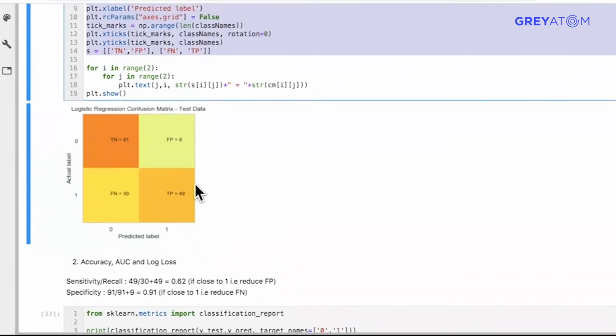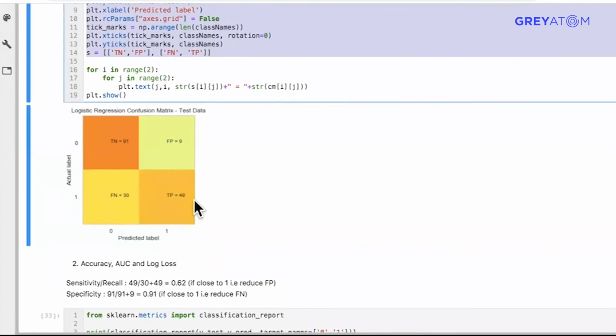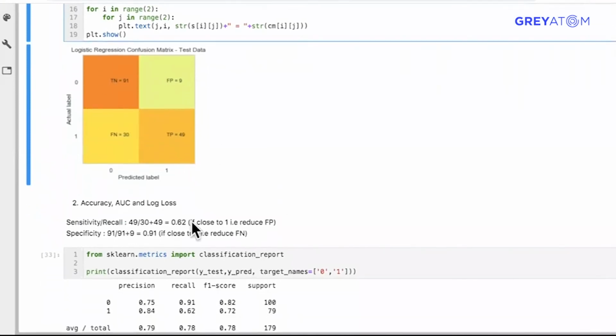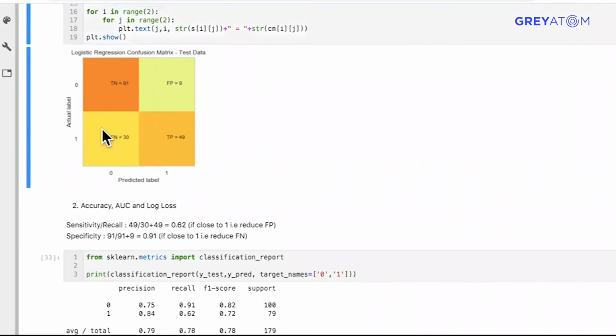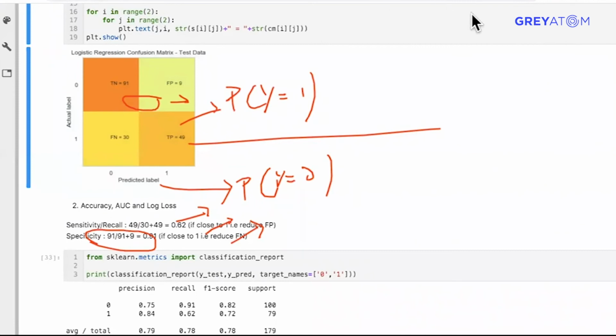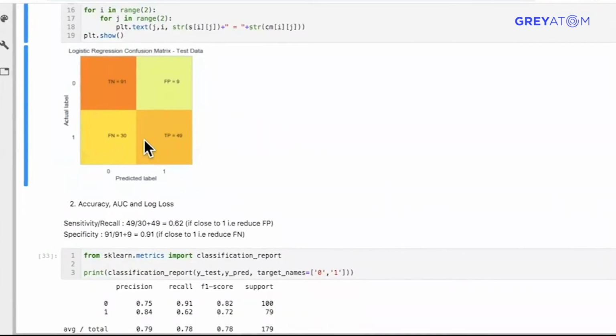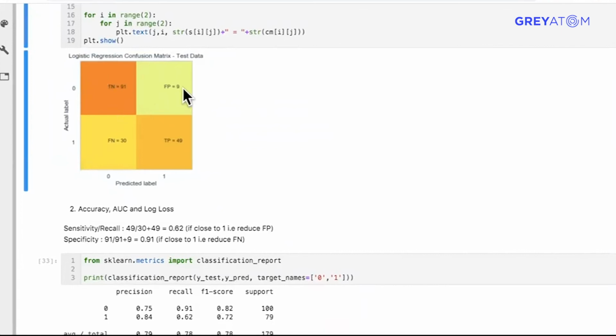So this is how the confusion matrix looks like. Look at this: false positive 9, false negative 30. And if you want to look at the accuracy, you do true positive plus true negative divided by this whole thing. I've just given you some metrics here. Sensitivity or recall was true positive upon true positive plus false negative, and specificity was true negative upon true negative plus false positive.